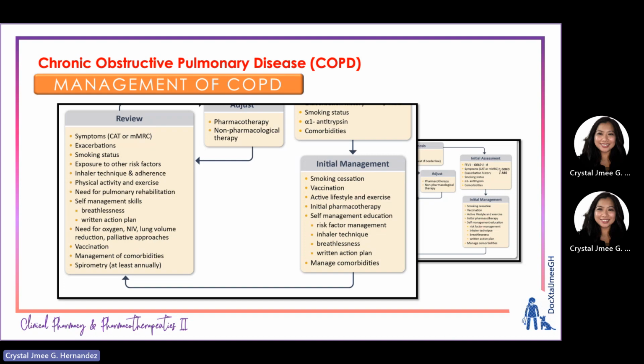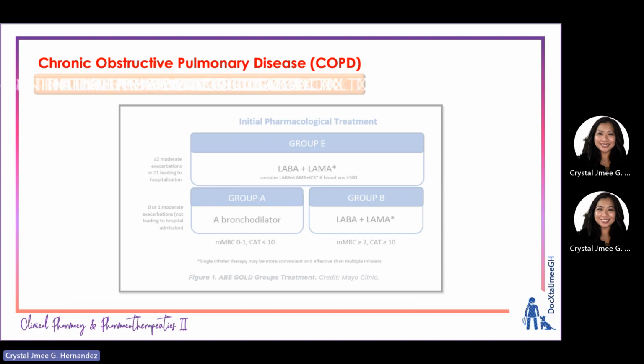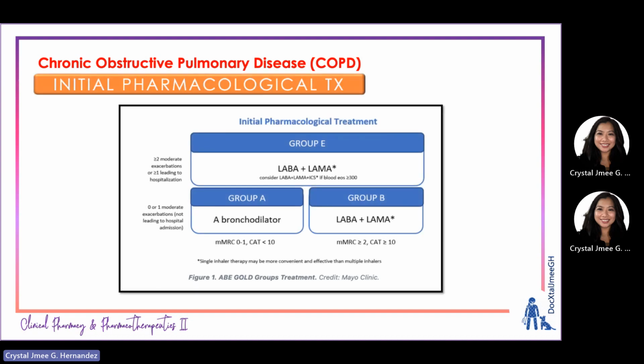Now for the initial management, from our grouping, is it group A, group E, group B? These are the recommended treatments. So for group E, if the patient is classified under group E, we consider long-acting beta agonists and long-acting antimuscarinic agents.